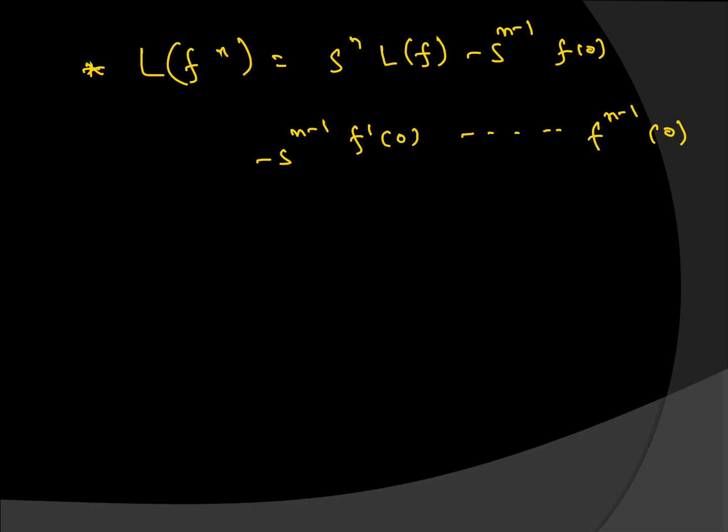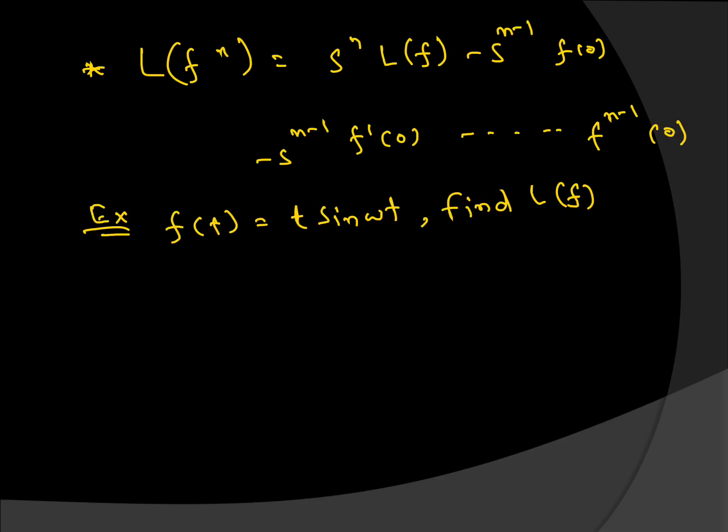Question: if f of t equals t sin omega t, find Laplace of f. Solution: f of t is t sin omega t. Then f of 0 we will calculate, f of 0 equals 0.